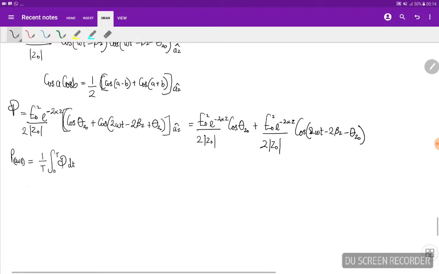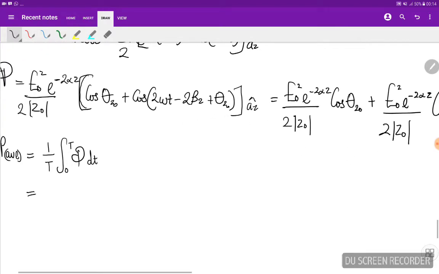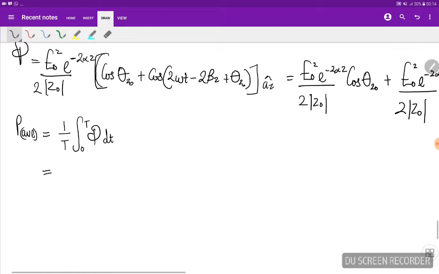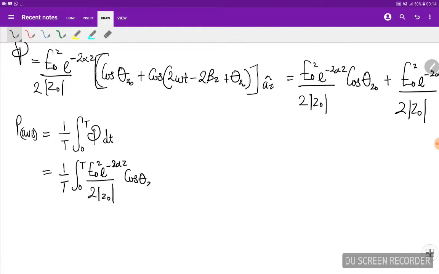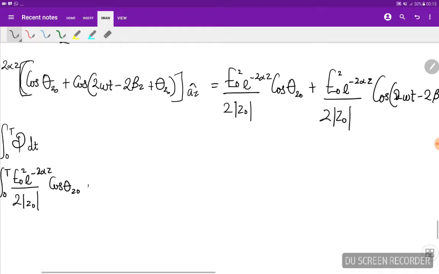So you see that the pointing vector will end up being just the constant, just 1 over T integral from 0 to T of E naught squared E minus 2 alpha Z over 2 Z naught cos Z naught, because the other side has T and we're integrating with respect to T.